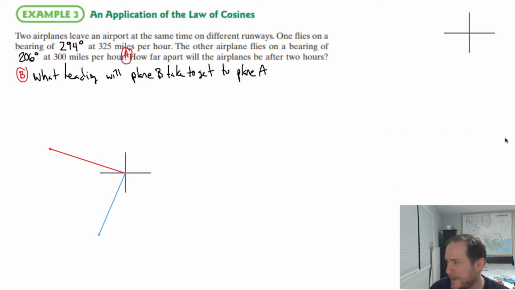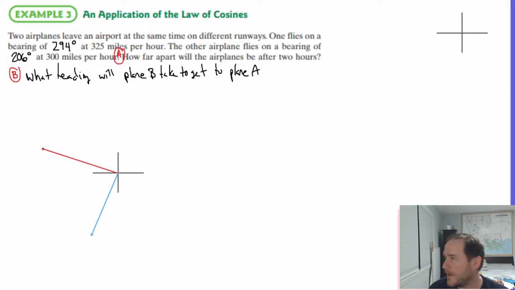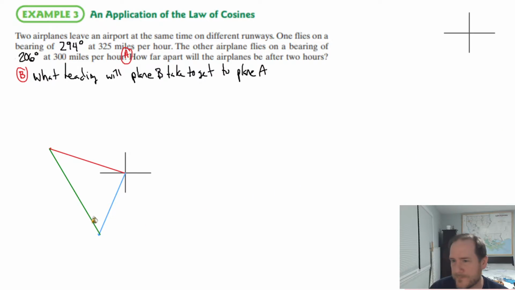All right, so now you know that the first thing you want to find is the distance between the two planes, which is going to be here in green. It's not my favorite color, green. I can do better than that. We got to find that distance. And to find that distance, you know that you're always going to do it by law of cosines.